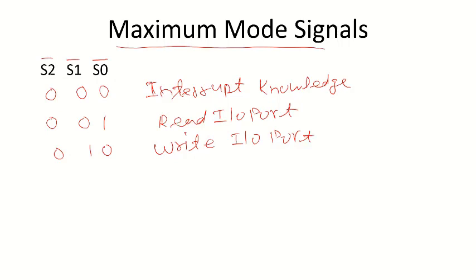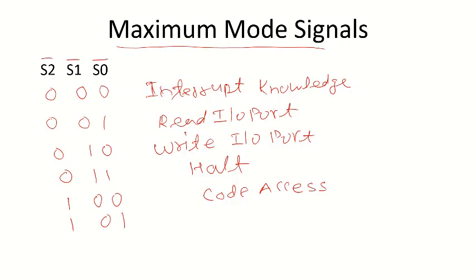If it is 011, then halt. If it is 100, then it means code access. And if it is 101, it means read the memory.